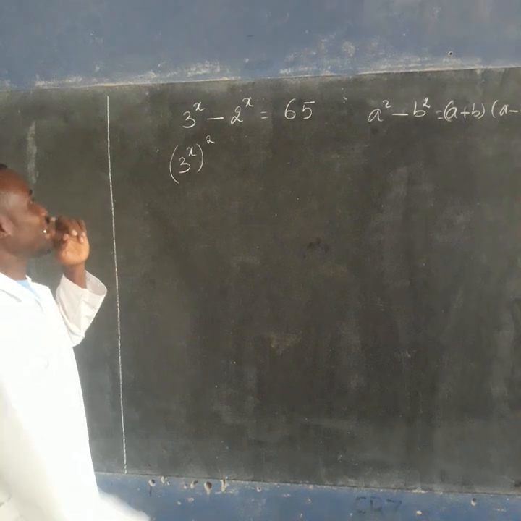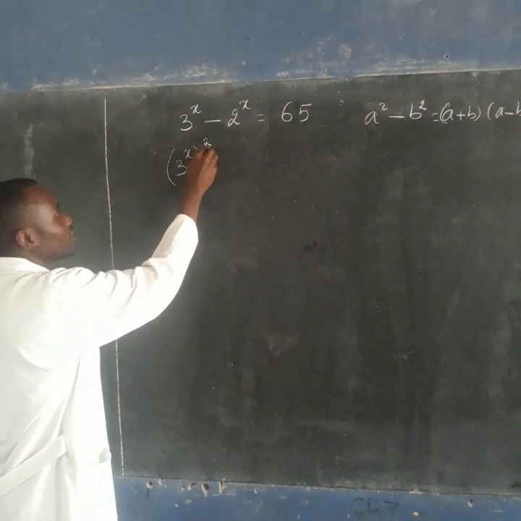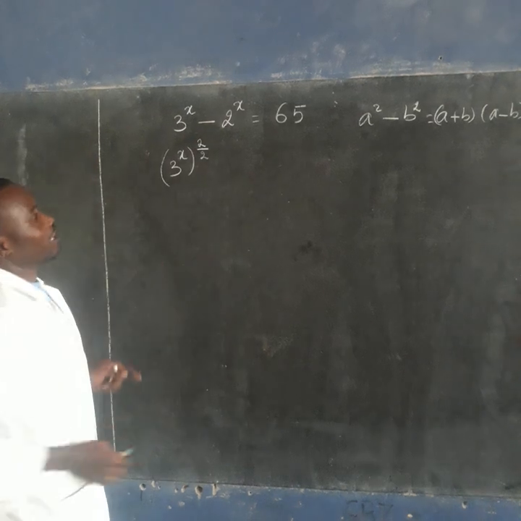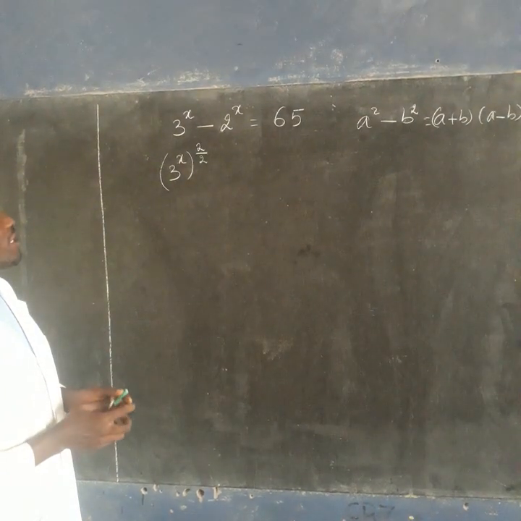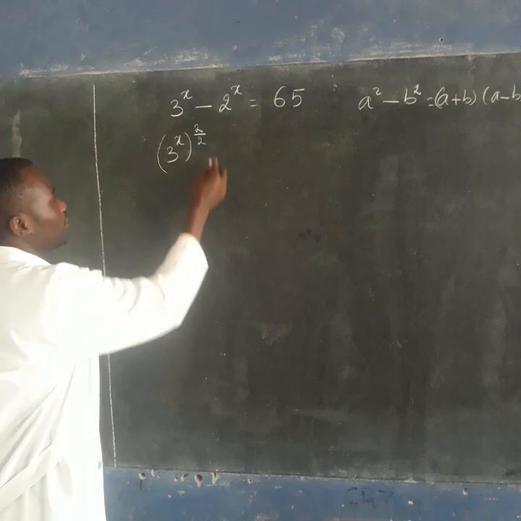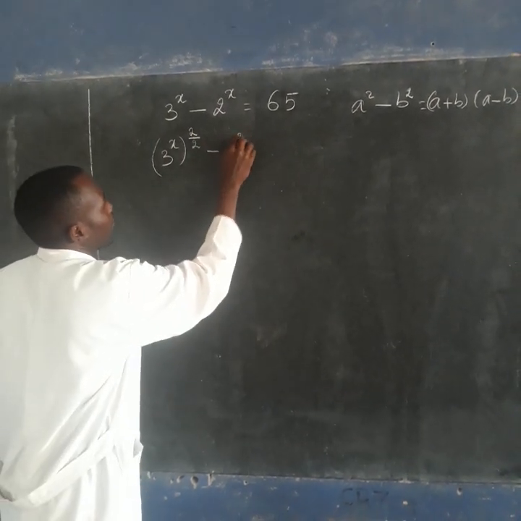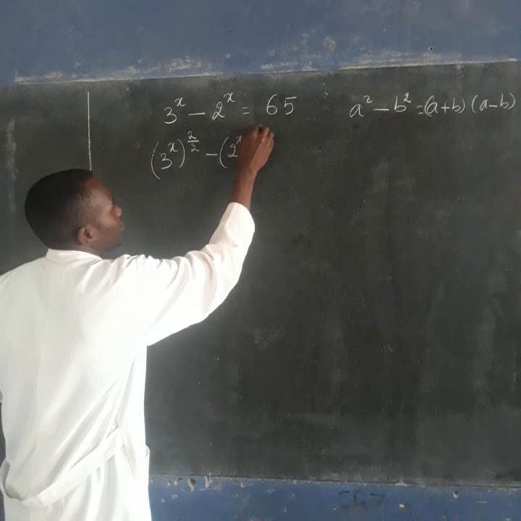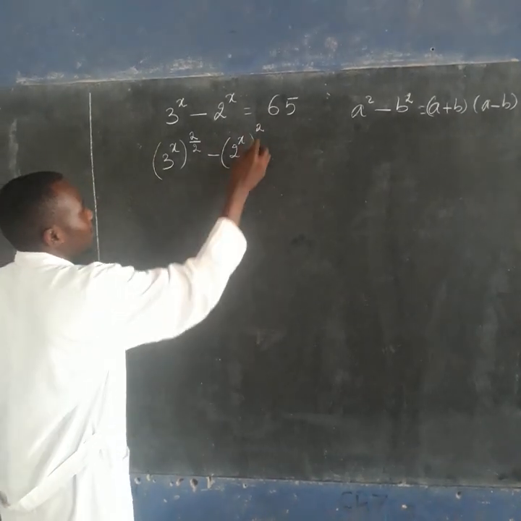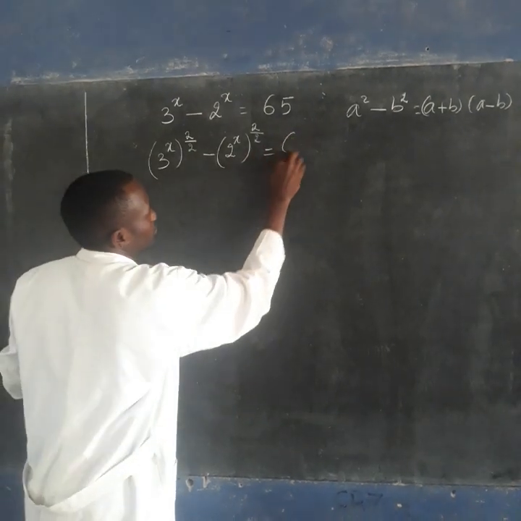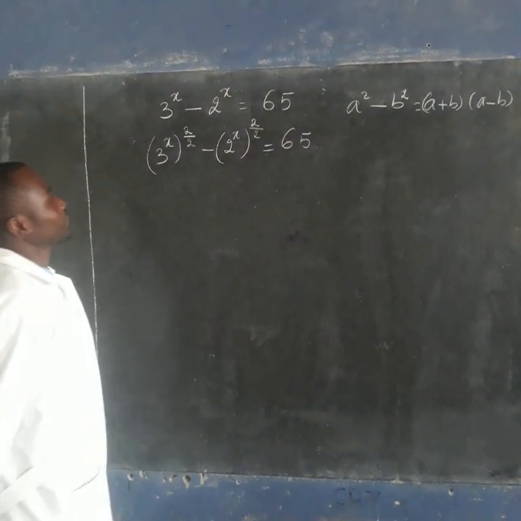Make sure this square can be divided by another 2, like this, so that the equation will not be changed. Minus 2 power x, again squared, again divided by 2, equal to 65.